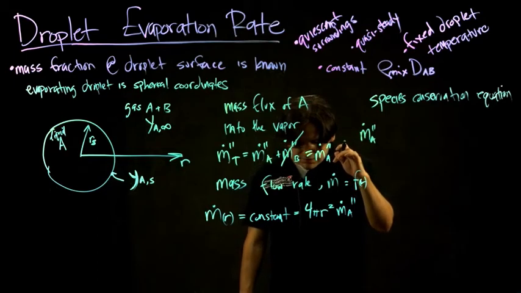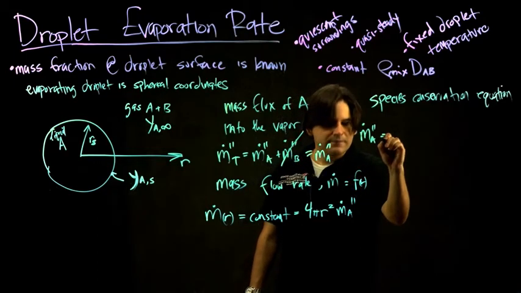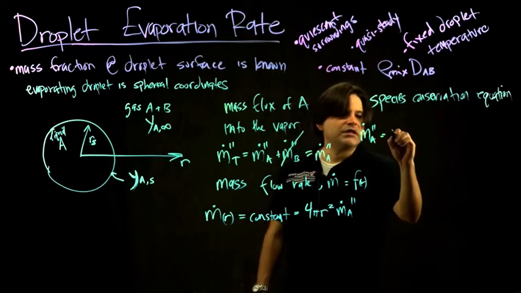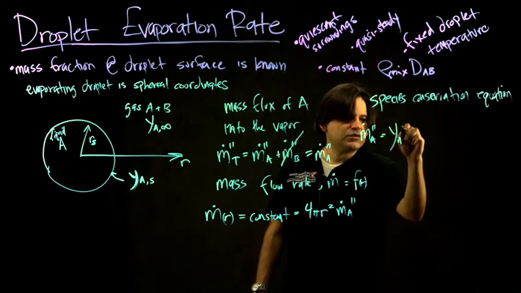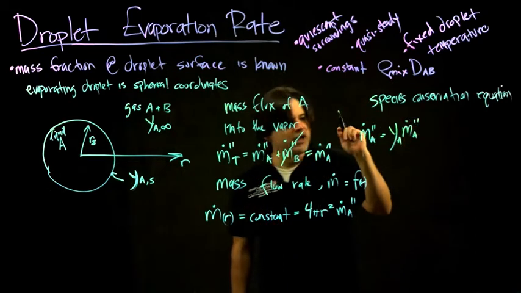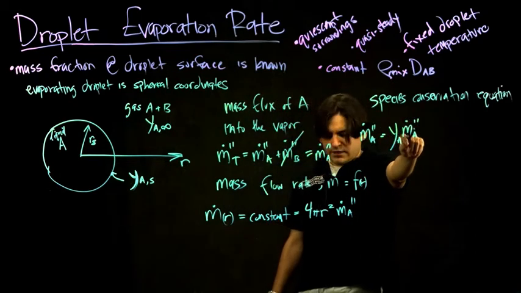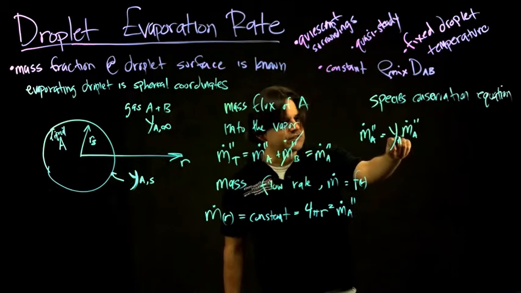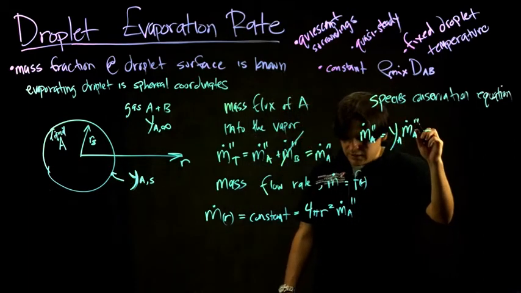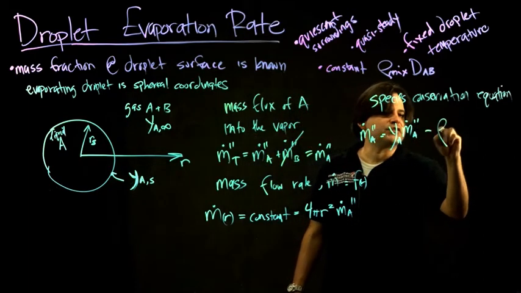So it's only this mass flux of A, which is related to this convective flux, which we have tracked as the mass fraction of A times the flux of A in the domain. That's the convective contribution. Then you have a diffusive contribution.